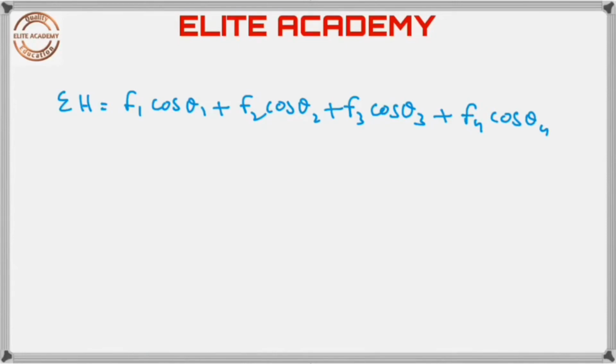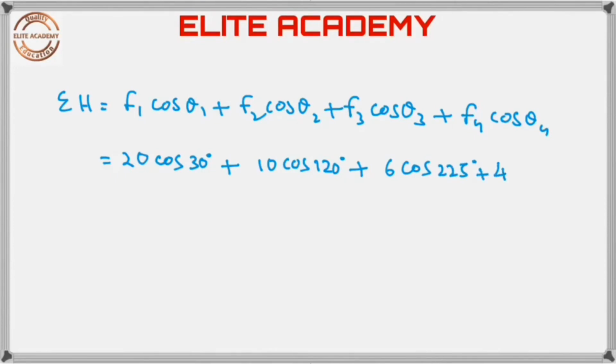So in this example we get 20 cos 30 degrees plus 10 cos 120 degrees plus 6 cos 225 degrees plus 4 cos 320 degrees.